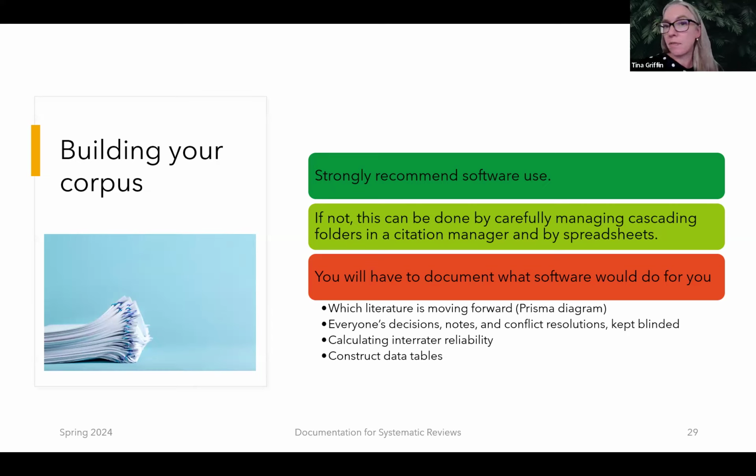You're going to have to keep everybody blinded. So that's going to mean multiple Excel sheets, copies going to different people, and keeping track of who got what copy. You're going to have to calculate your own inter-rater reliability, which is easy enough to do, but you're just going to have to do it. You're going to have to construct your own data tables and things like that.